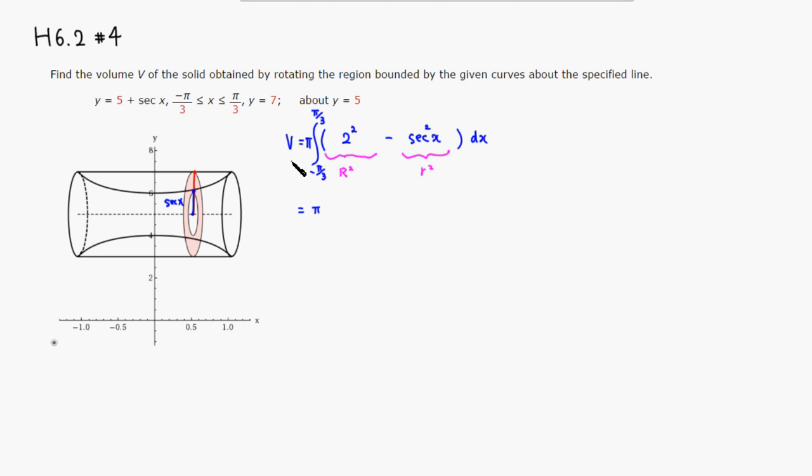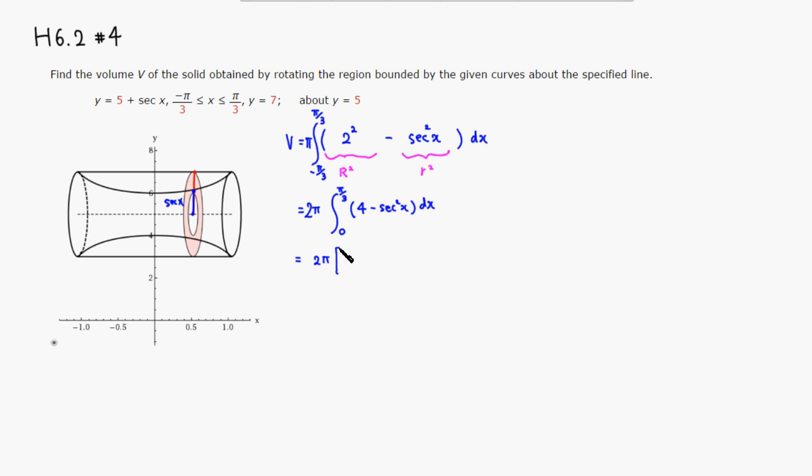So using symmetry, instead of going from negative pi over 3 to positive pi over 3, I'm going to just do half of it and then double it later, because you're going to have the same thing on the other side too. So this is 4 minus secant squared of x dx, and there's a 2 pi.